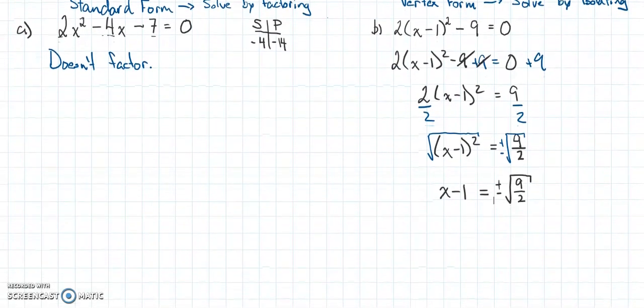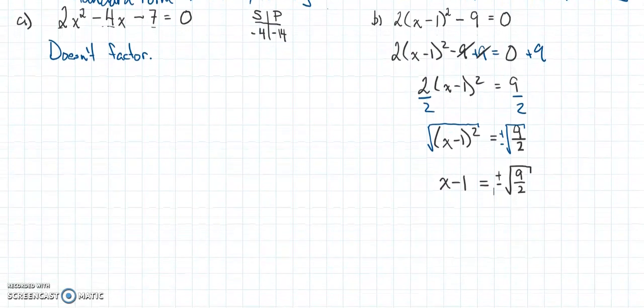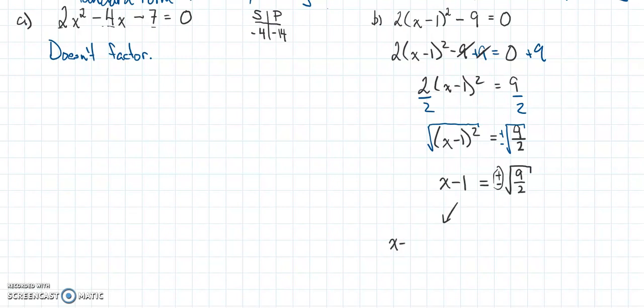And now we've done this before. We actually have two equations, one with the positive and one with the negative. You've got x minus 1 equals the positive root, square root of 9 over 2, and x minus 1 equals negative square root of 9 over 2.